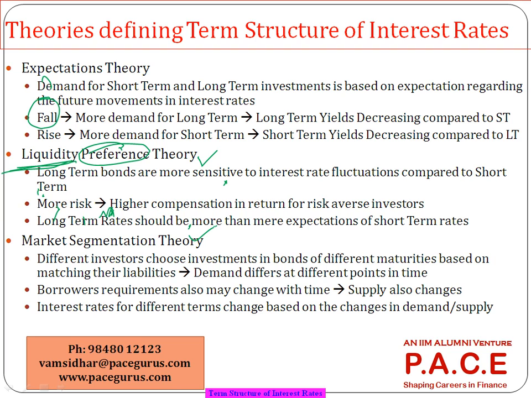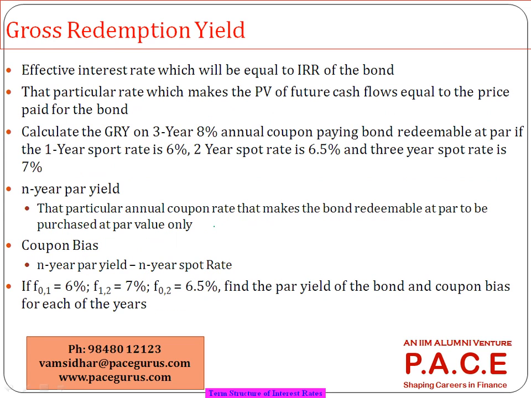So these are the three different types of term structures which are governing the movements of spot and forward rates in the future. Okay, moving on to the next.